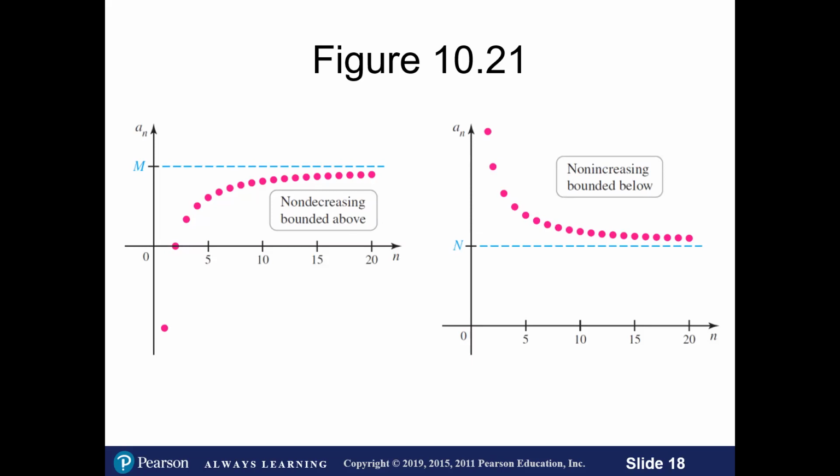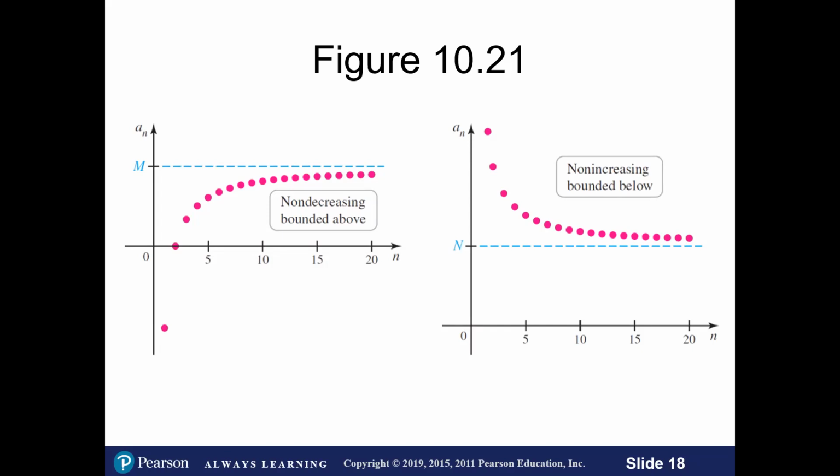To give you another everyday example, suppose I have a cup of ice water and I set it in a room, and I do the same thing, take temperature readings. Every successive temperature reading is going to be warmer than the last. The temperature is going to be increasing, and it's going to be bounded above by the room temperature.